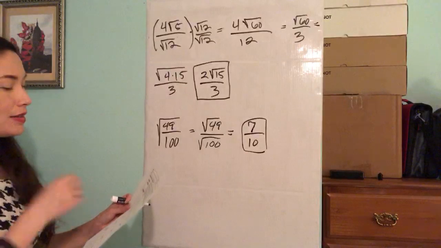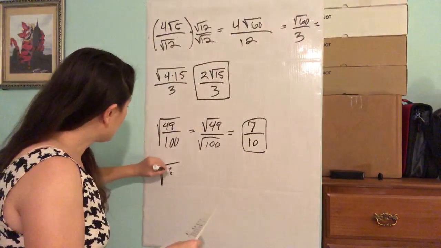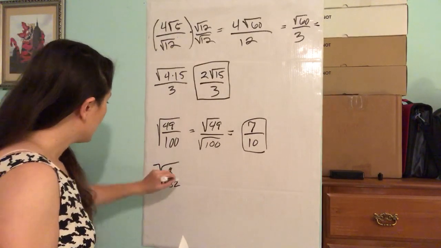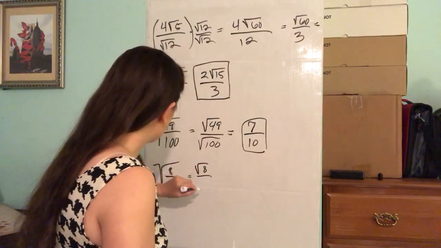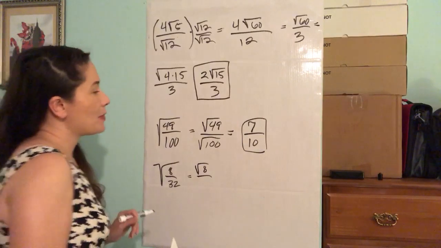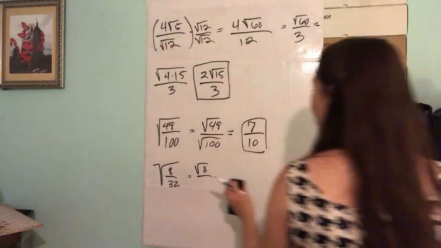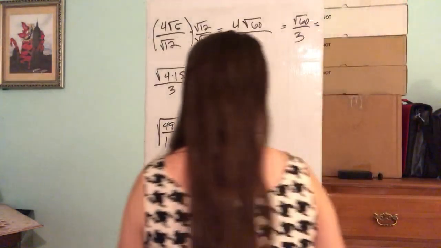Okay. All right, what about square root of 8 over 32? Okay. So we got square root of 8 over 32. Oh, you know what? What is 32 divided by 8? 32 divided by 8 is 4, right?